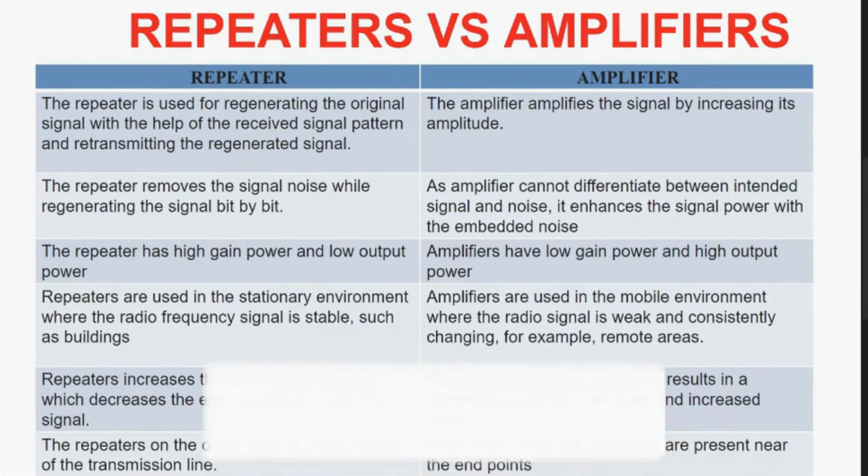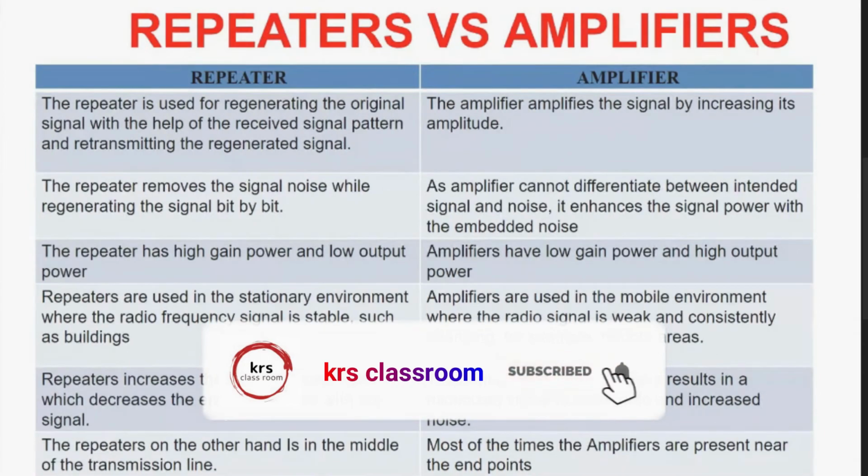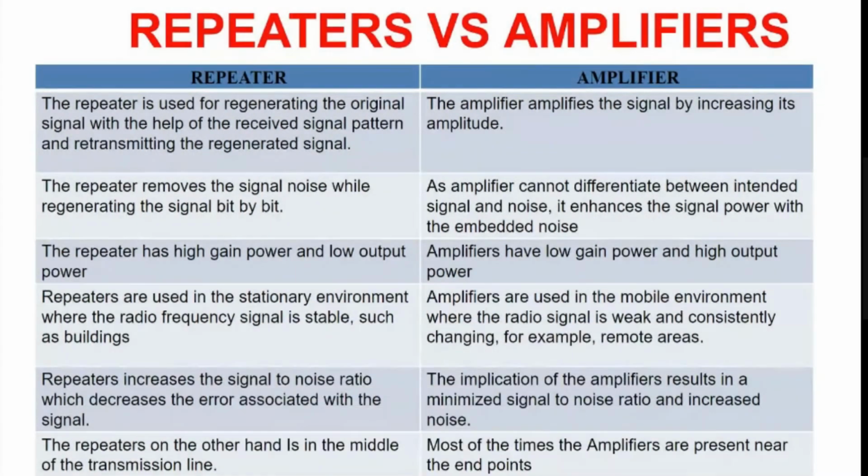Okay, the next point here. Repeaters are used in a stationary environment, where the radio frequency signal is stable because it has an equivalent bit pattern, such as in buildings. But amplifiers are used in the mobile environment, because we can boost up any kind of connection there, where the radio signal is weak and constantly changing, for example remote access.